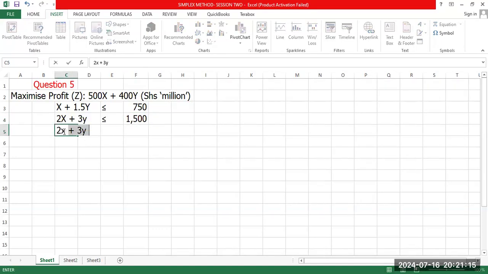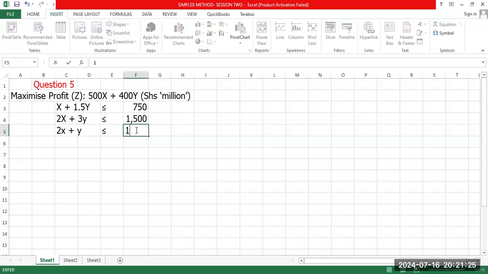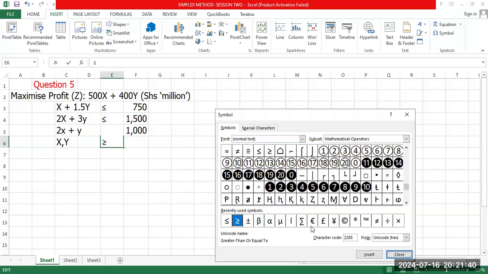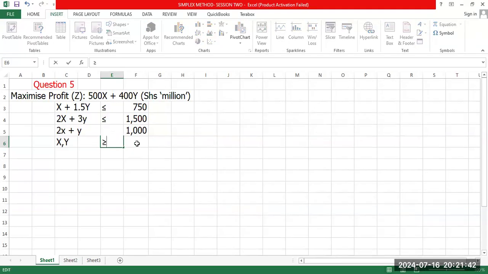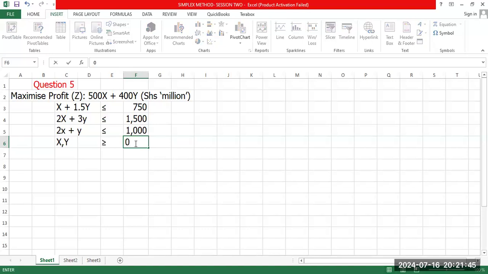Then here it is 2x plus y, which is also less or equal to 1,000. And you have your non-negativity. All of them, they are greater or equal to. And this is one mark you don't need to always forget, if at all you are the one formulating for yourself. So that is about question 5.